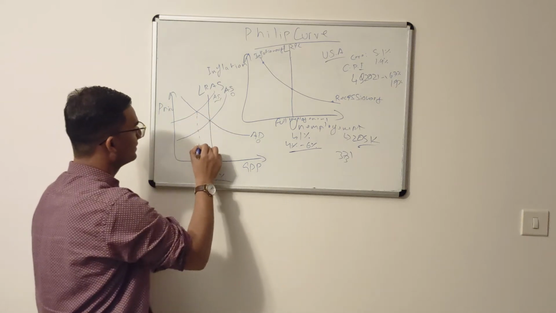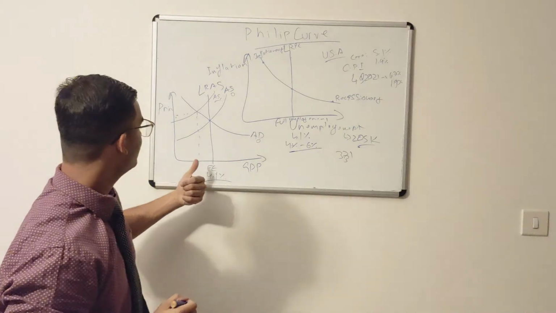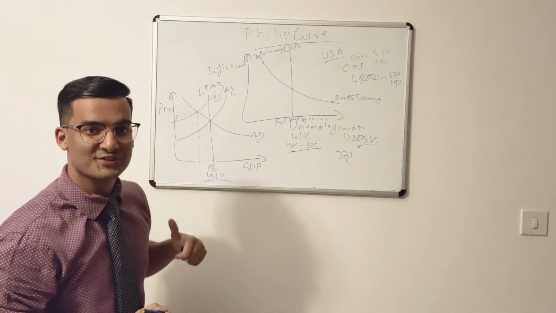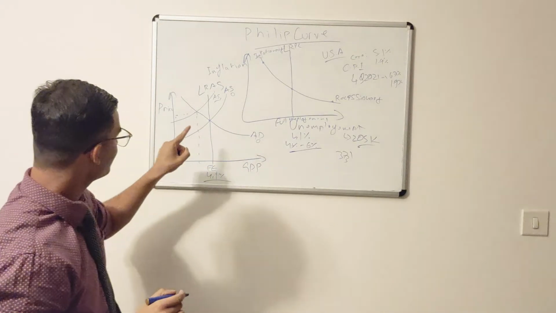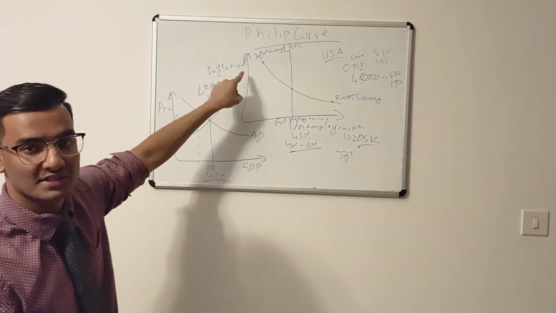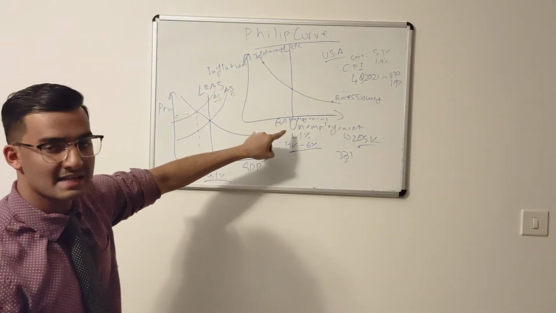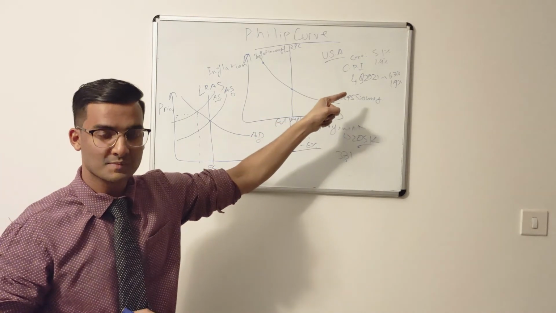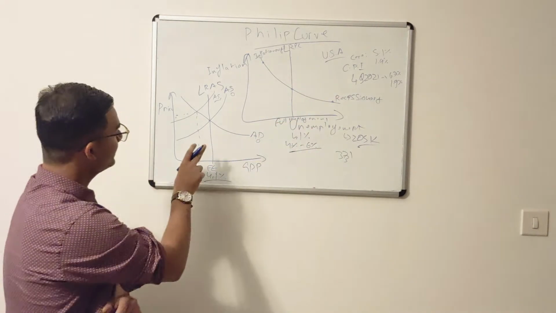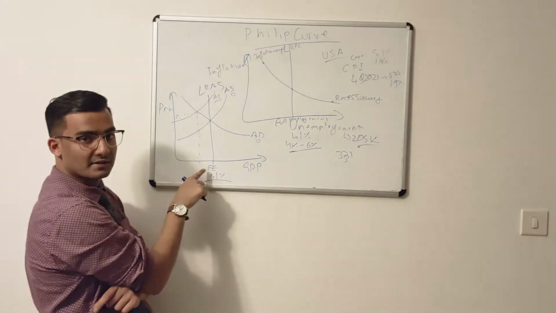So now you would see that the GDP has decreased, but your price level has increased. Now you might say, well, inflation has increased, but unemployment has increased at the same time, which is wrong according to the Phillips curve, because they're supposed to be inversely related. See, your GDP was over here, but now your GDP is over here.